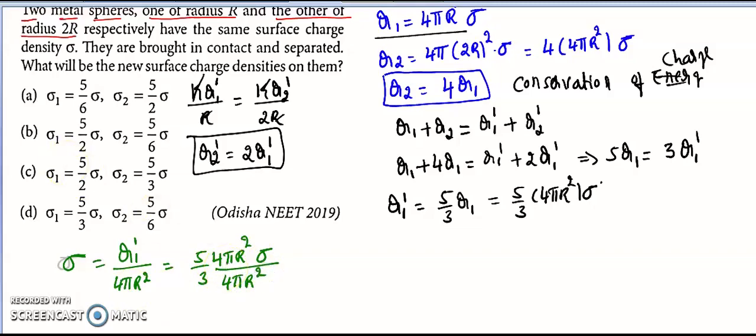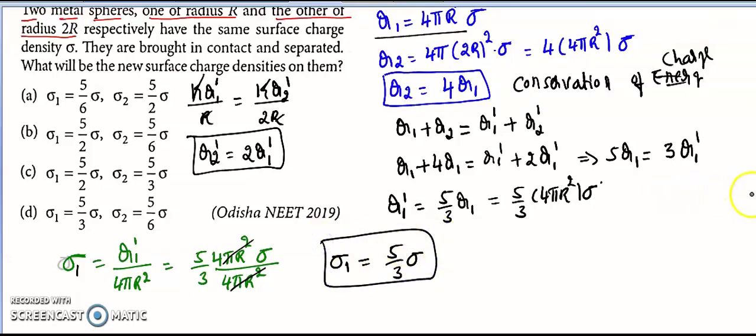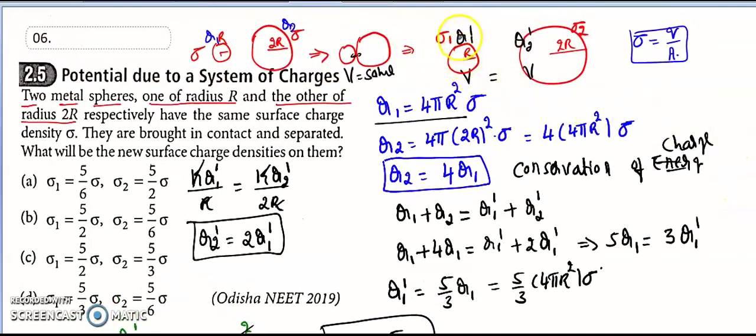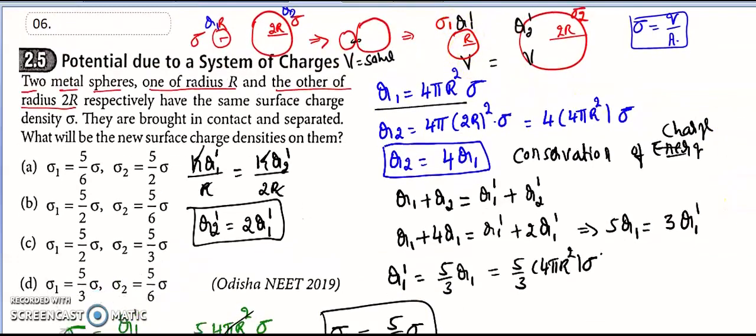So now 4 pi R square gets cancelled. What is the value of sigma 1? Sigma 1 is equal to 5 by 3 sigma. Look, sigma 1 is equal to 5 by 3 sigma.